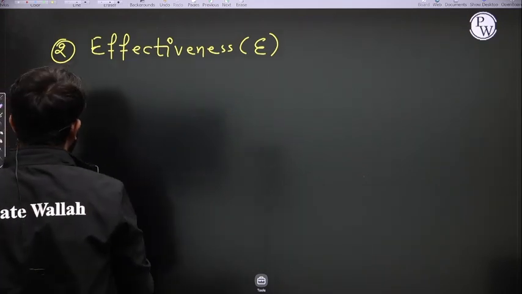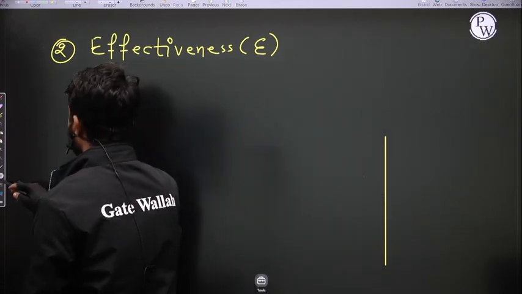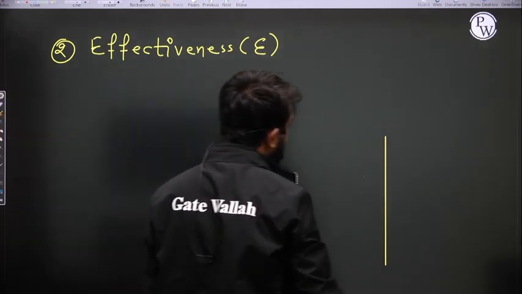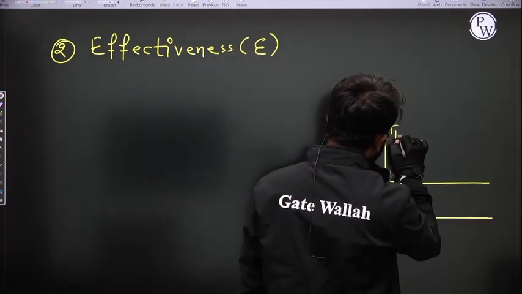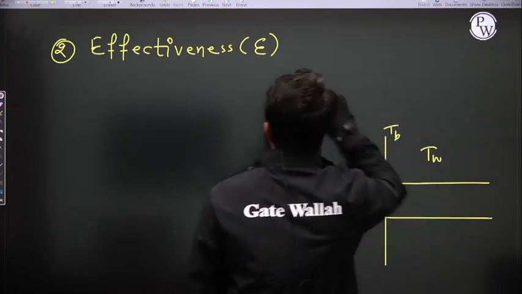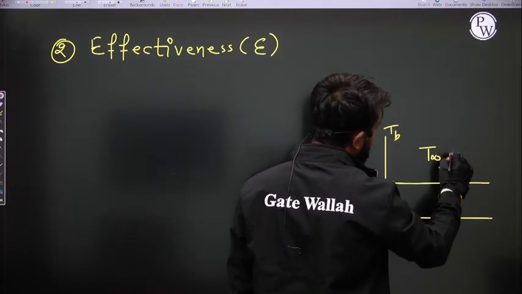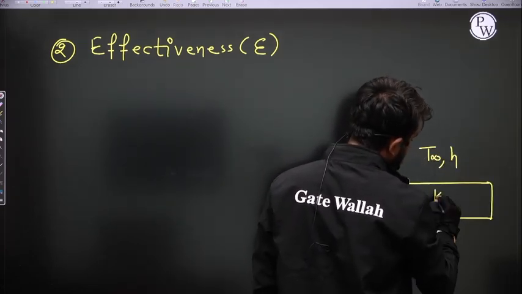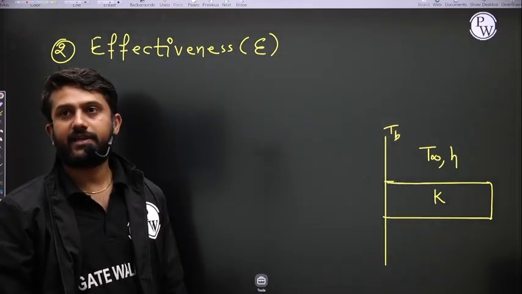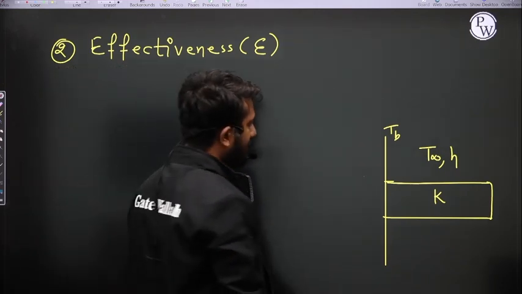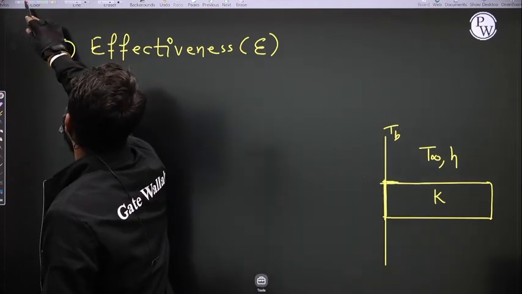See, if there is a fin, the base temperature is again TB, outside temperature T infinity, convective heat transfer coefficient is h, and the fin material thermal conductivity is K. And this area, obviously a cross sectional area, I am focusing on this area.